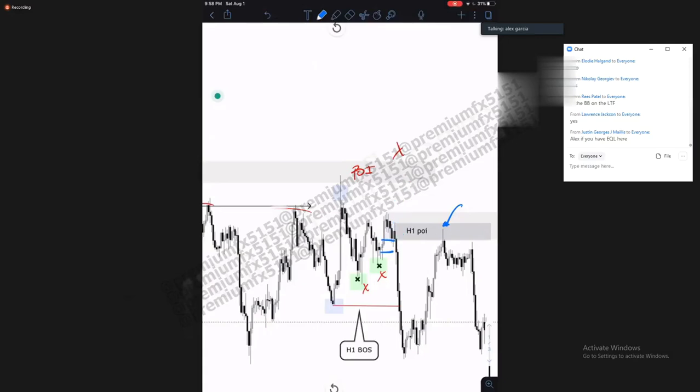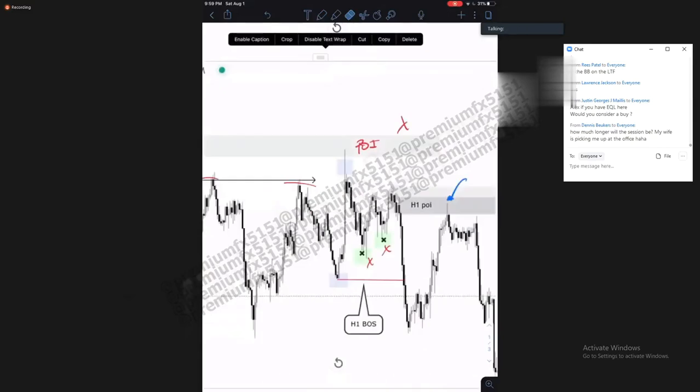But after trying, because at least it gave some sort of reaction to the upside, after failing, this candle that failed to create a new high turns into a point of interest of supply in the future, because the injection to the upside was not even that strong.